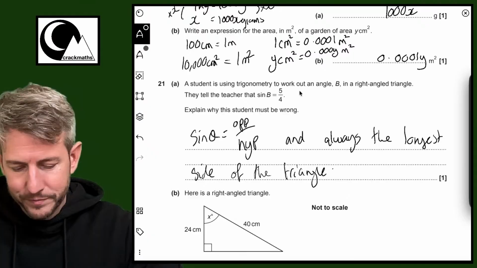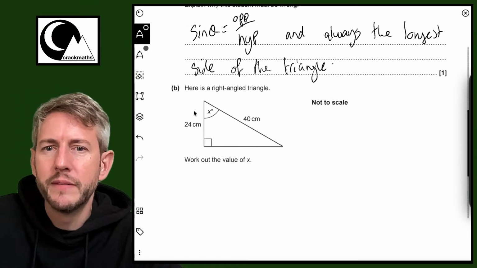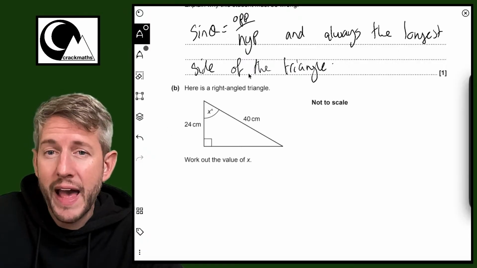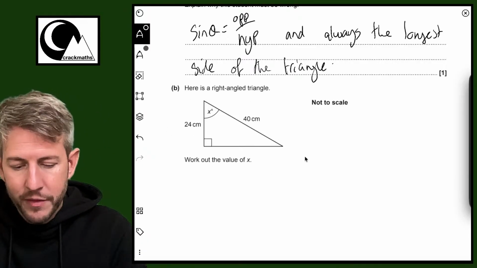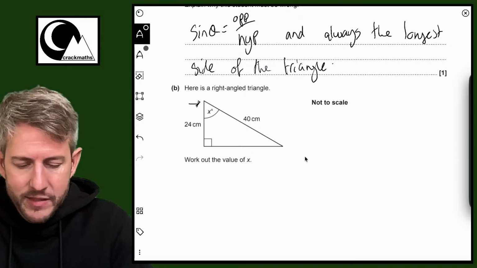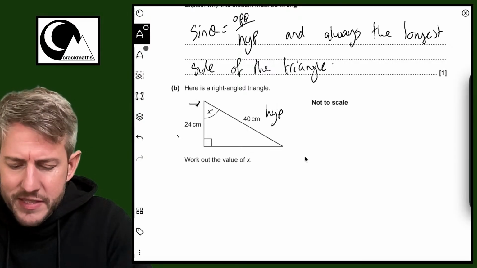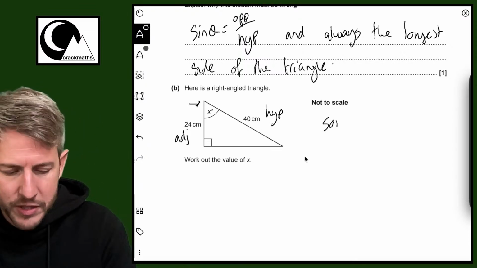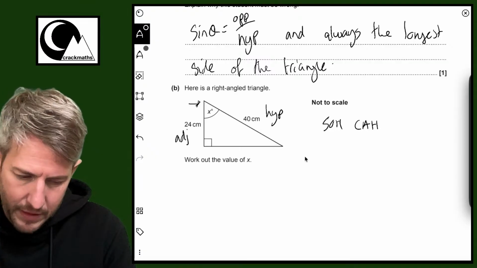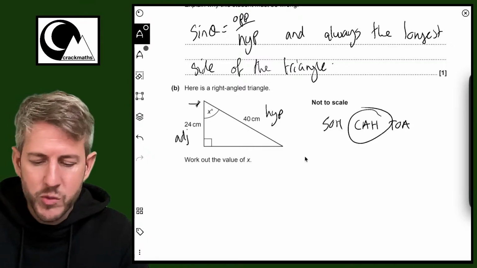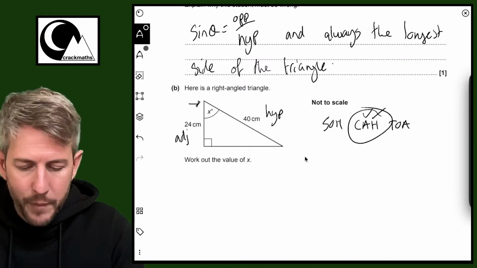Right, now, let's have a look at this one here. So here is a right angle triangle. Work out the value of x. Okay, so this is the angle that we have. So this is the height. This is the adjacent. So if we think about SOHCAHTOA, we want to use this one here because we've got the adjacent and the hypotenuse.